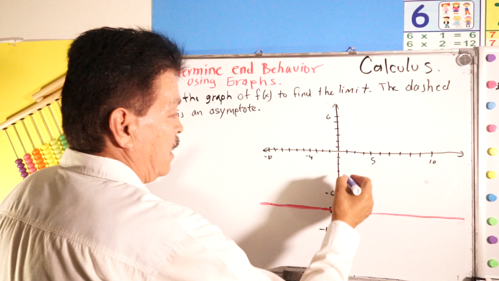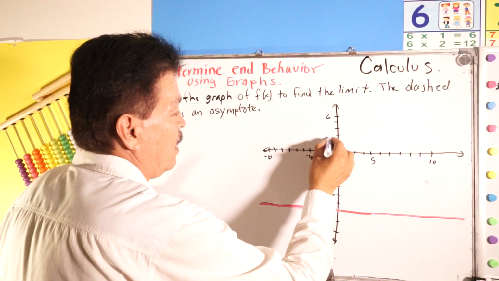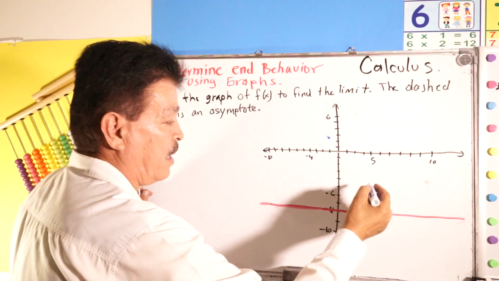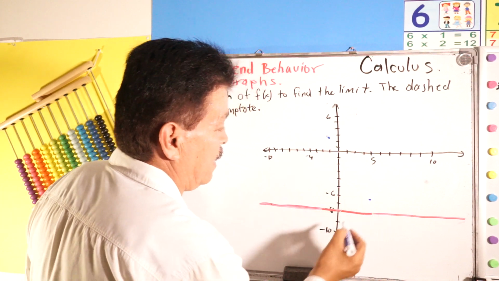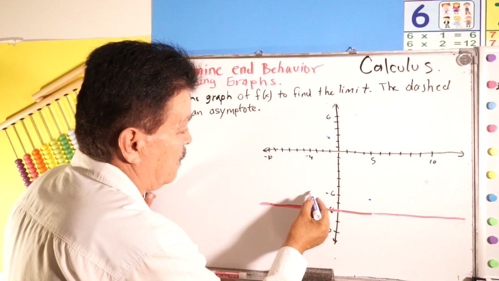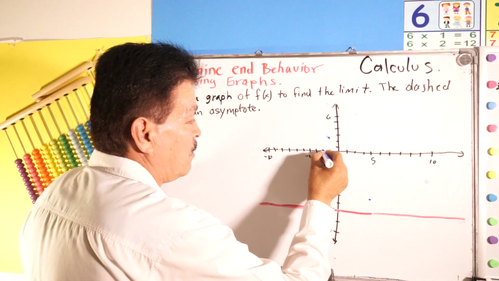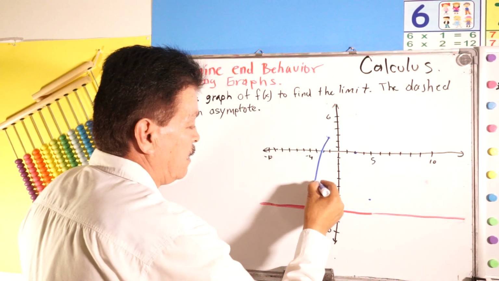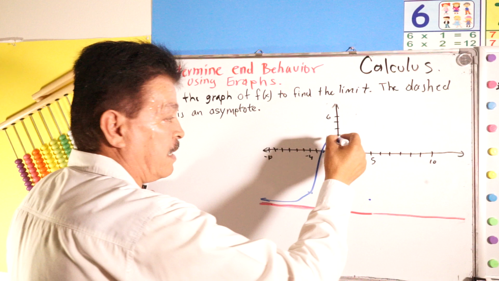The graph goes through 1, 2, 3 right here, then 2.5 points, then moves in this direction to about 6, and the other point is 6 and negative 4. So the graph is crossing this point, and then here at number 2. The graph is moving like this. This is my graph.